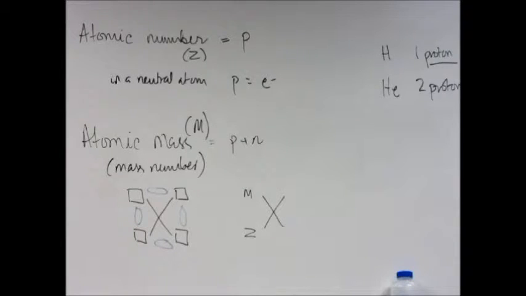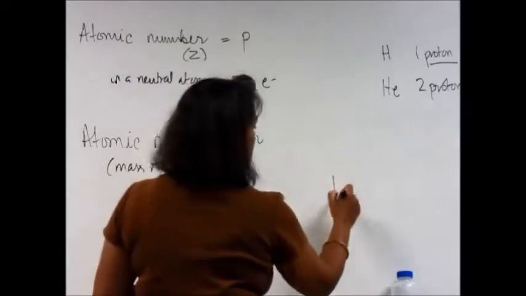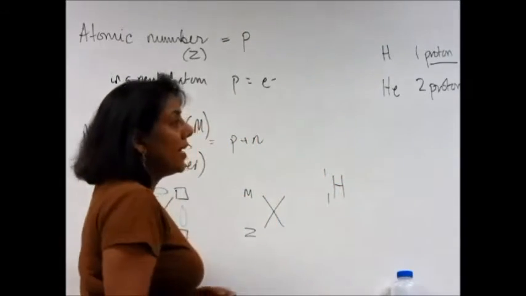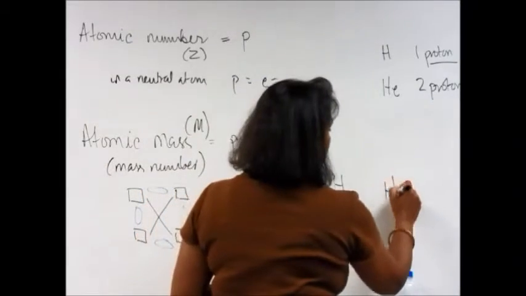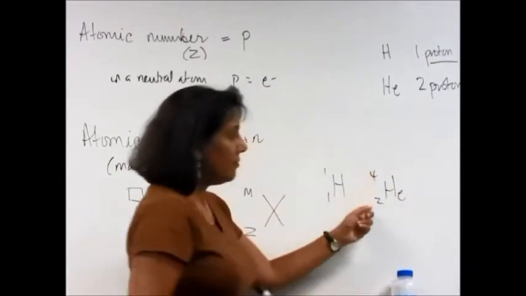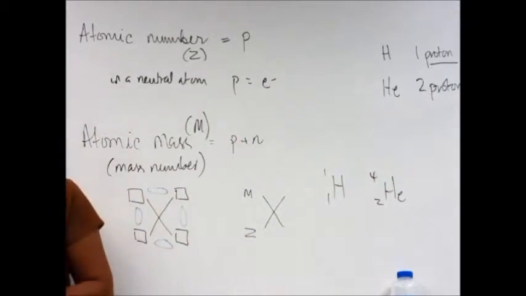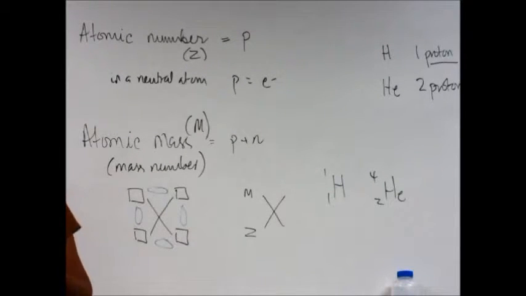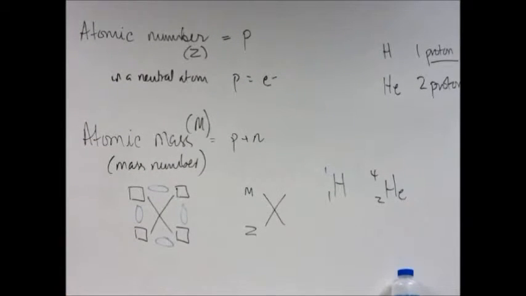It's a very simple thing. The only element that has the same numbers, top and bottom, is hydrogen, which is 1 and 1. All the other elements have larger masses. So you don't have to worry about whether the mass is on the top or the bottom. Give your brain some rest.